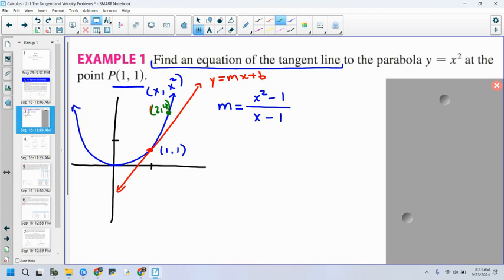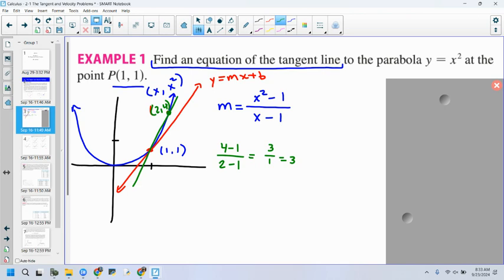I know this is just an estimate because if I draw a line in here, that's not tangent, but it's going to give me an overestimate of the slope because it's a little bit steeper. So let's see what that comes out to be. 4 minus 1 over 2 minus 1. That's just plugging those into our formula. I just plug in the x value: 2 squared minus 1, so 4 minus 1 over 2 minus 1. So 3 over 1, so 3.